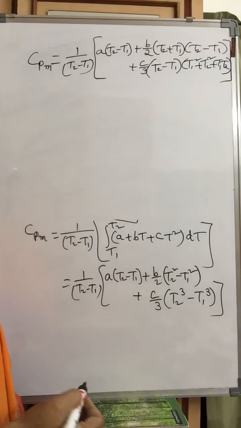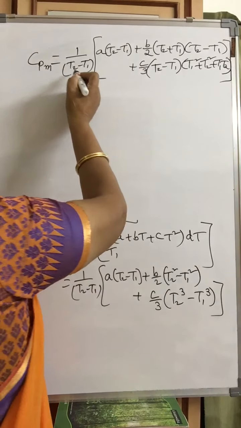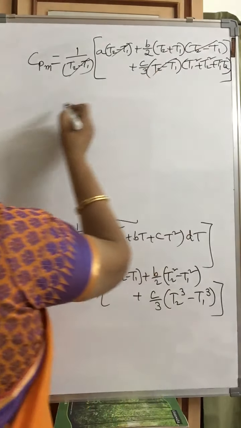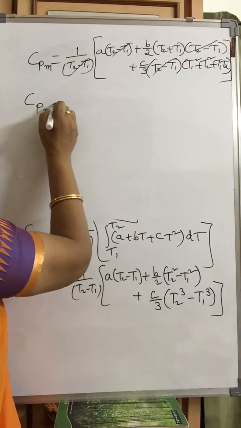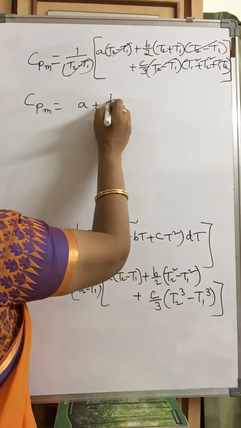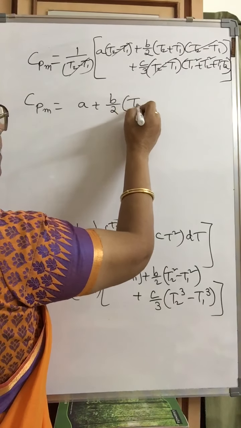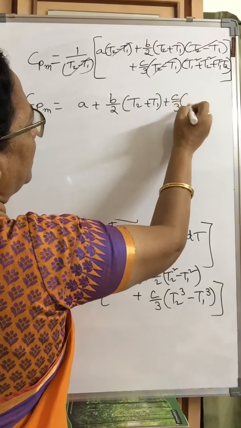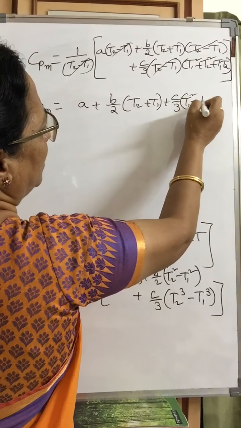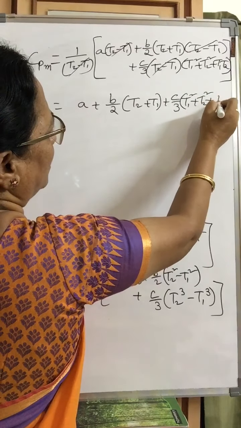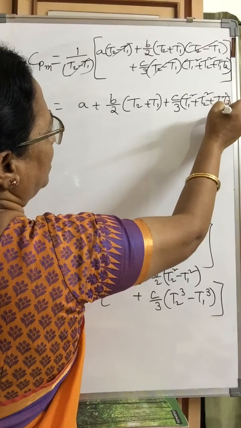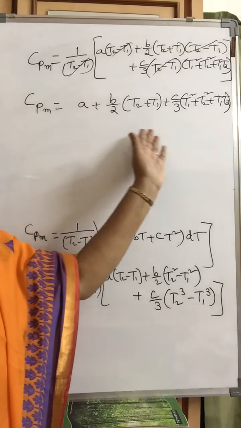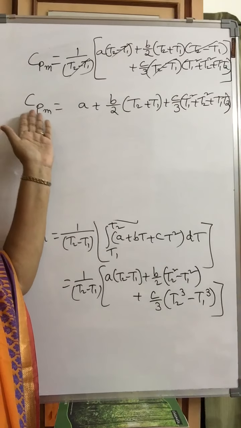Now all these will get cancelled here. So Cpm equal to A plus B by 2 into T2 plus T1 plus C by 3 into T1 square plus T2 square plus T1 T2. This is the simplified form of mean heat capacity.